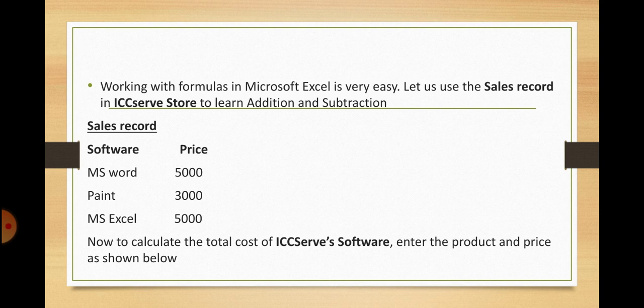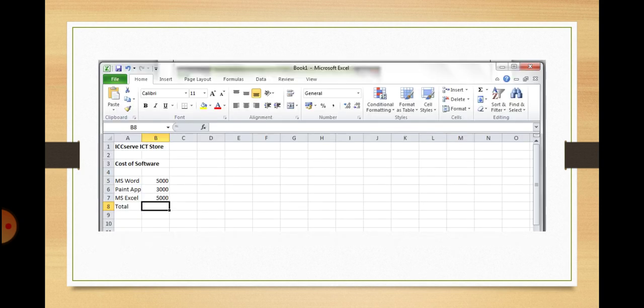When it opens, you type the information that you can see here: ICC Self ICT Store, cost of software, MS Word 5,000, Paint application 3,000, MS Excel 3,000. Now what we want to do is to calculate the total price of all of this software.